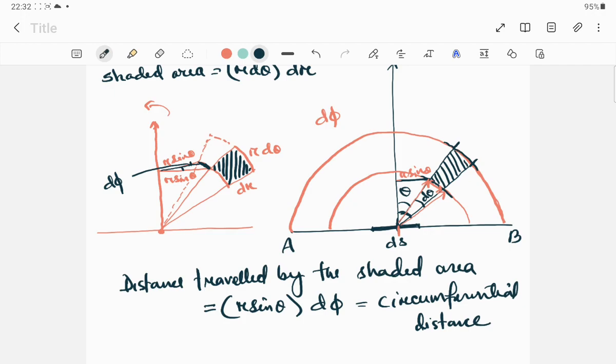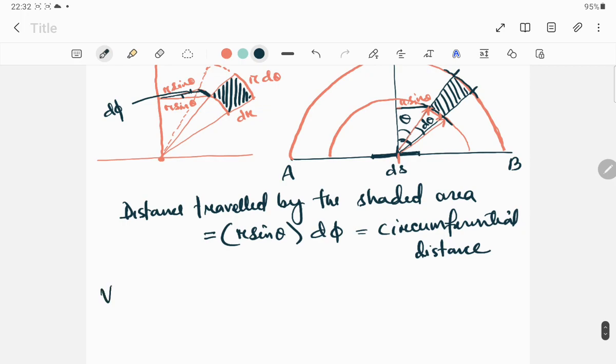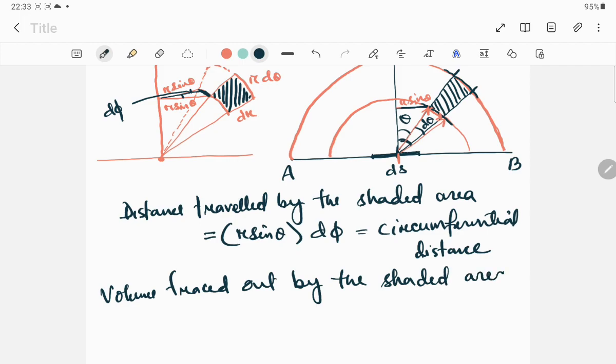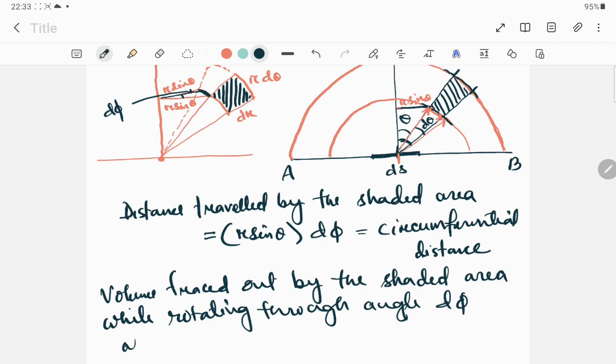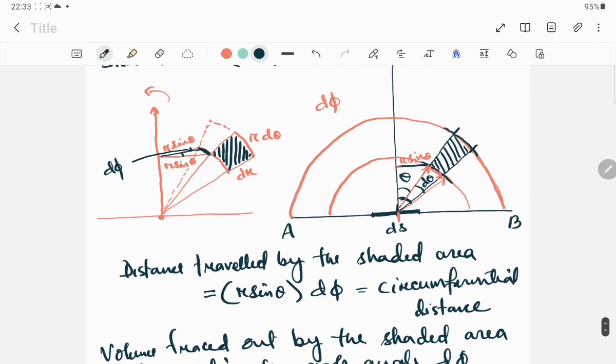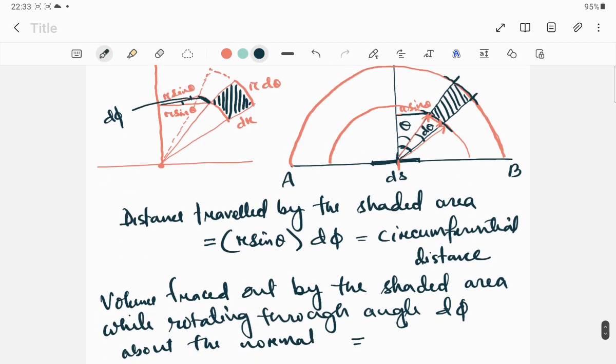Now if I ask what is the volume traced out by the shaded area while rotating through an angle d phi about the normal, when we talk about volume it will be length into breadth into height.